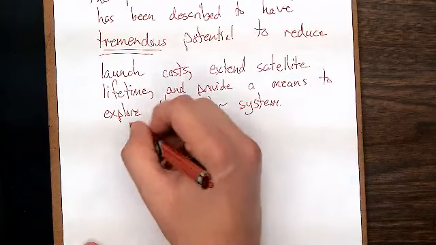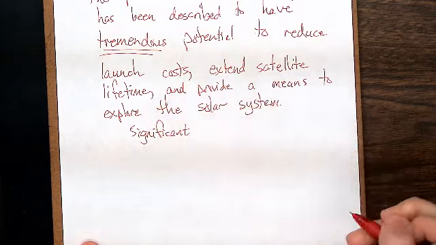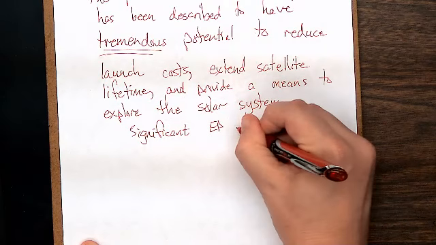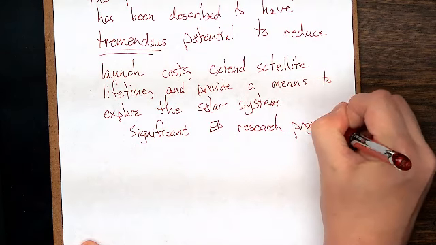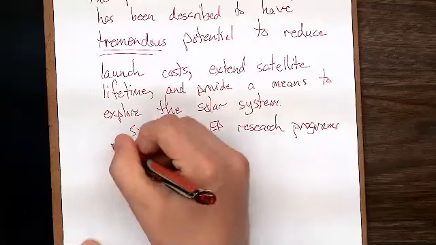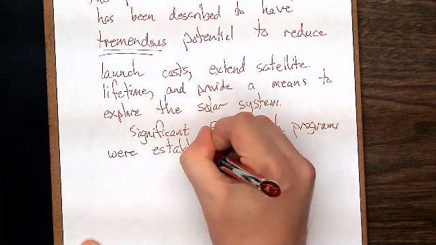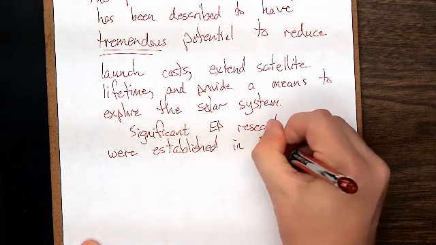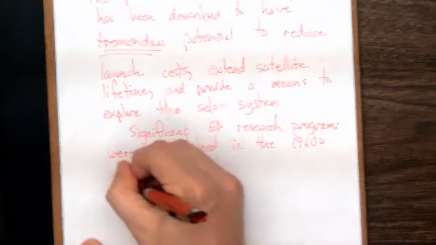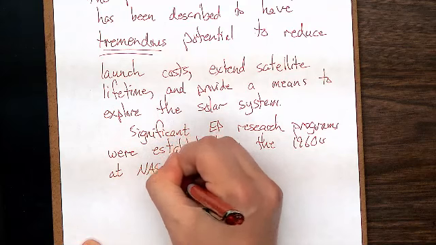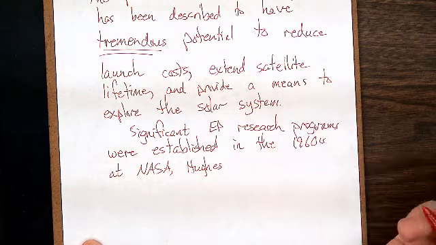All right, where did it begin? Significant electric propulsion research programs were established in the 60s at NASA, Hughes Research Laboratories.